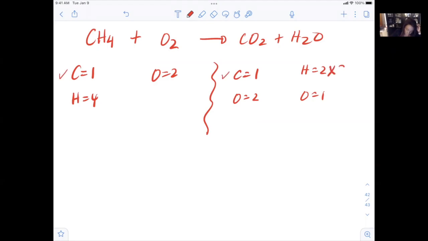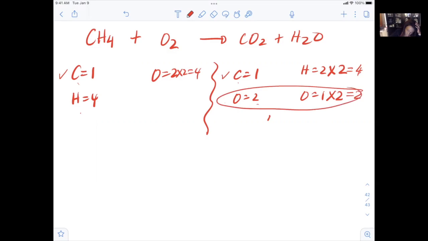I'll multiply this by 2 and multiply this by 2 because they're in the same formula. Right? And let's see what happens. So I have 1 carbon, 1 carbon. I have 4 hydrogens, 4 hydrogens. I have 2 plus 2 oxygens. I need to double this to get 4. So now I have a total of 4 oxygens.